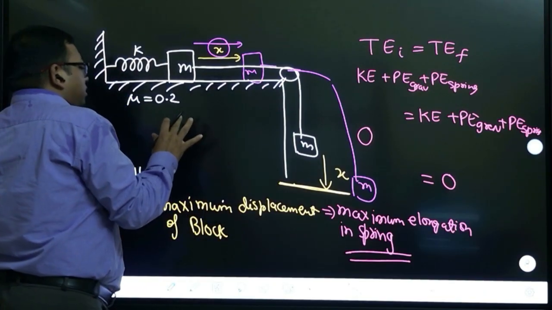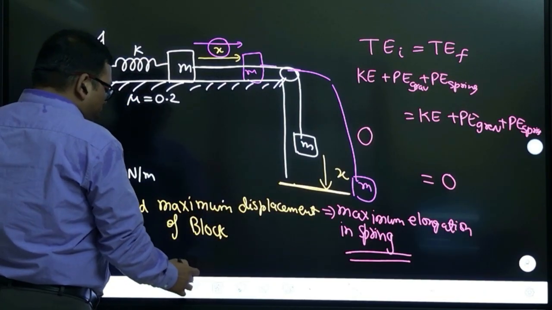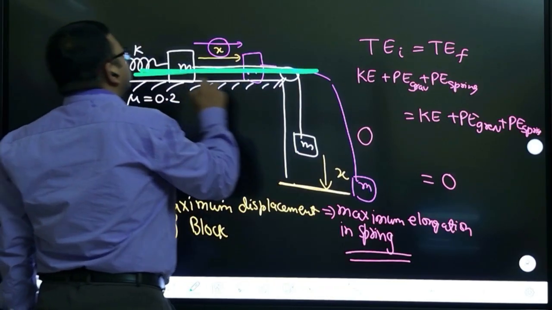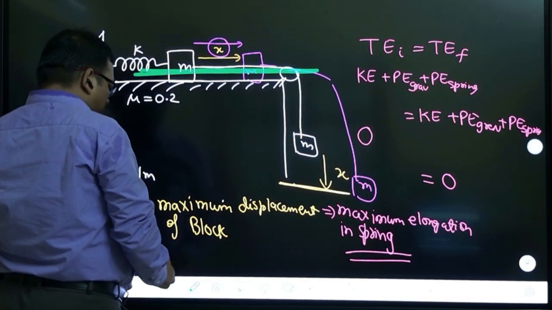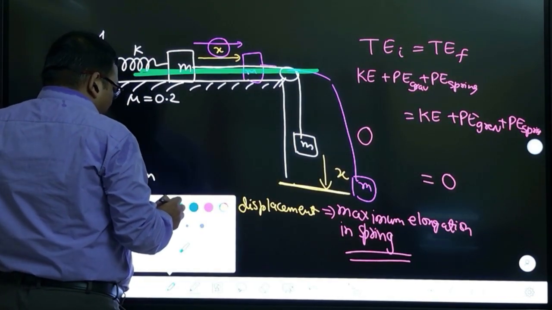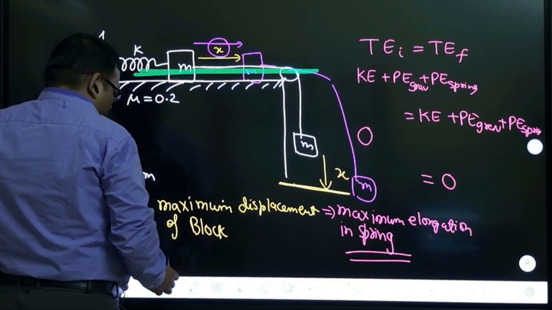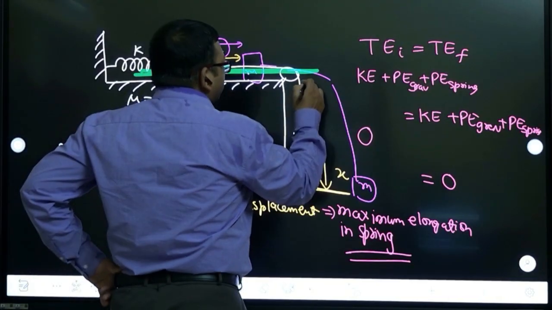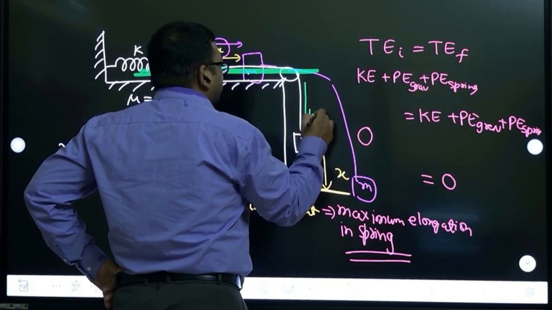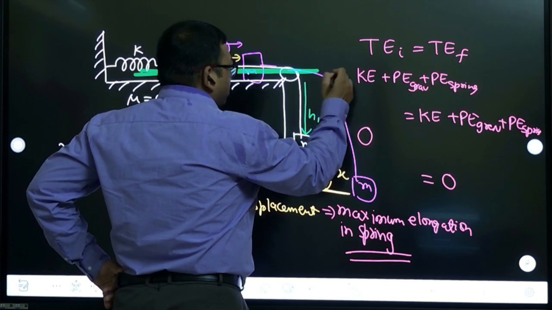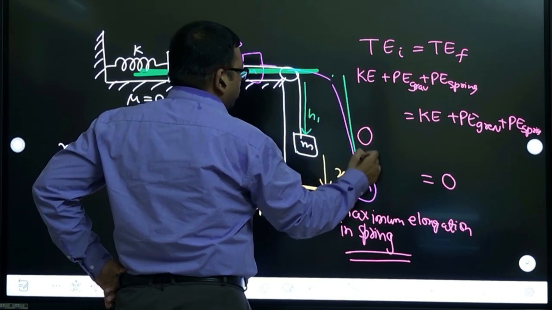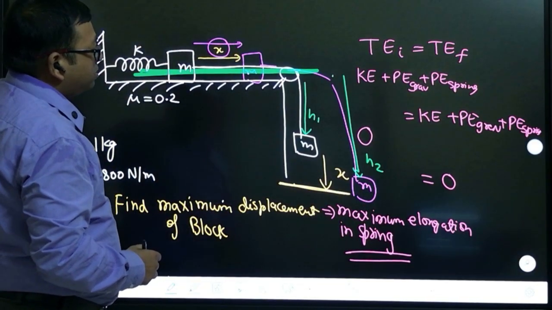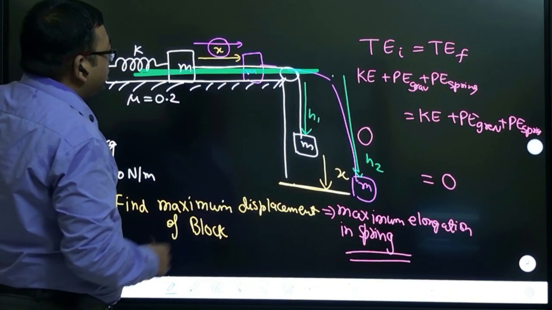Suppose I choose this level as the reference level. Let us say that initially this block was at height h1, and this second block comes to height h2. Let us write the gravitational potential energy of this system.